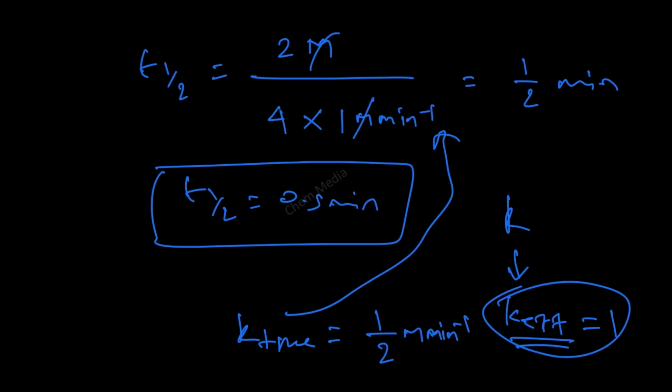So therefore, the ambiguity comes because the question paper doesn't say clearly whether the K value given is the true reaction rate constant or the effective rate constant. Now let us think the other way around. So let us say we don't consider stoichiometry. In that case, T half is equal to initial concentration divided by 2 times K effective. Once again, we don't know whether K is K effective or the true reaction rate constant.